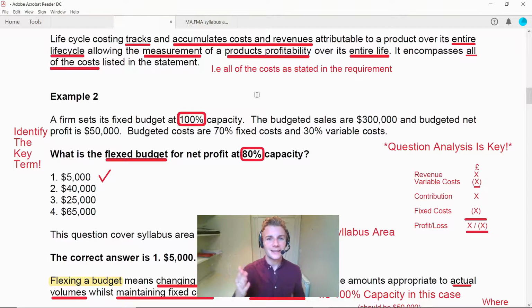So when you see these things, it's costs, as you saw in the requirement, top to bottom, all stated in there, and it's a case of it is the one that fits the bill. But can you see how he eliminated those three at the start? That you may have known the life cycle costing technique. Brilliant, big tick, nice and easy, move straight on, 15 seconds on this question.